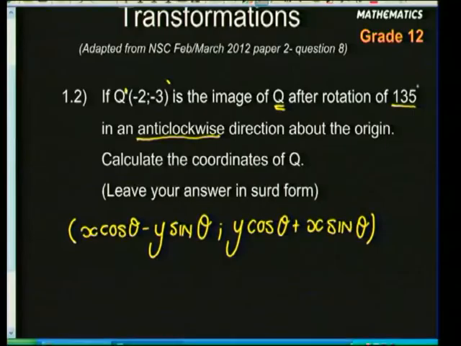Okay, right, so this question has said that we've got point Q, and the original point Q is rotated already to my new point of Q, which is -2, -3. And the rotation degree was 135 degrees. So this is what the idea would be.